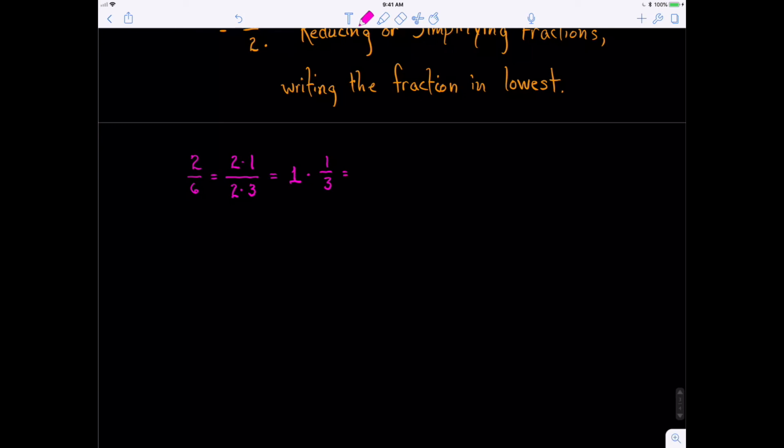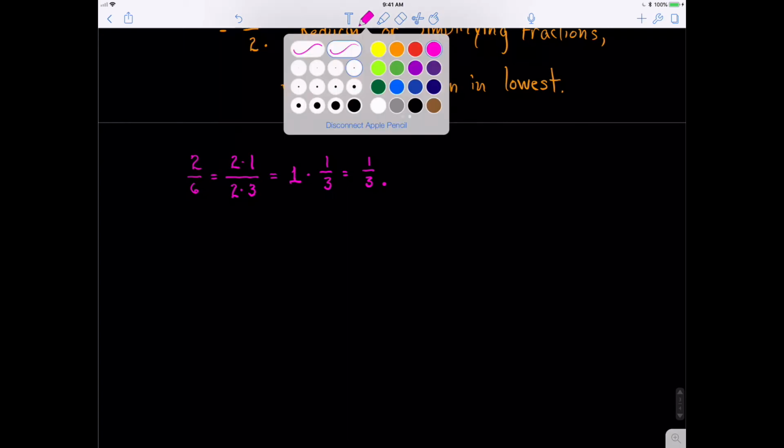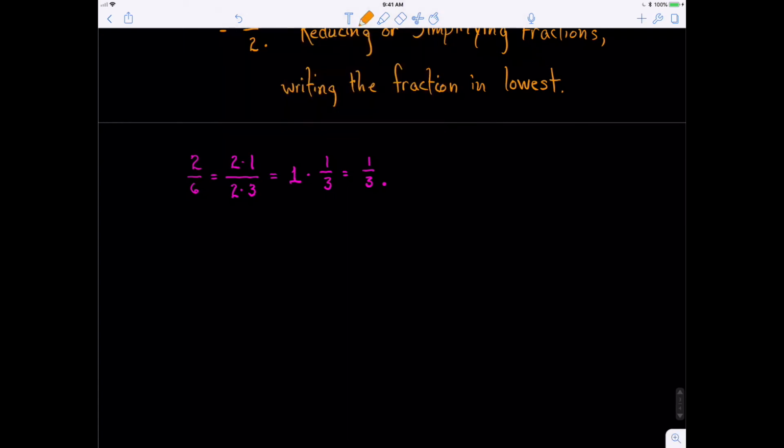And we know that 1 times any number, like 1/3, is very simply 1/3. So 2/6 in lowest terms is 1/3.